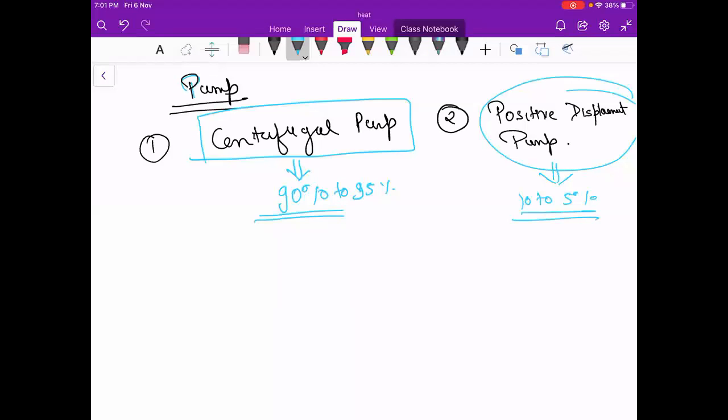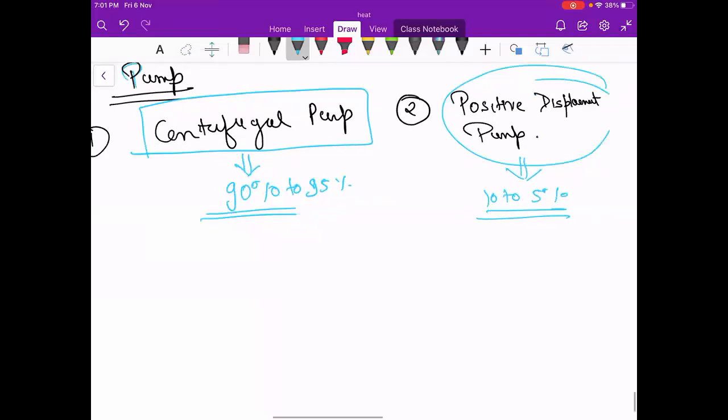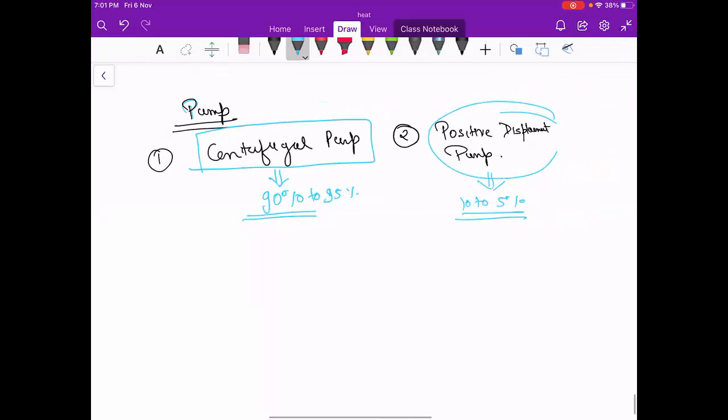That is why centrifugal pumps are very important in our daily life, in our household also we use a centrifugal pump. So can anybody give me an example where you use a positive displacement pump?